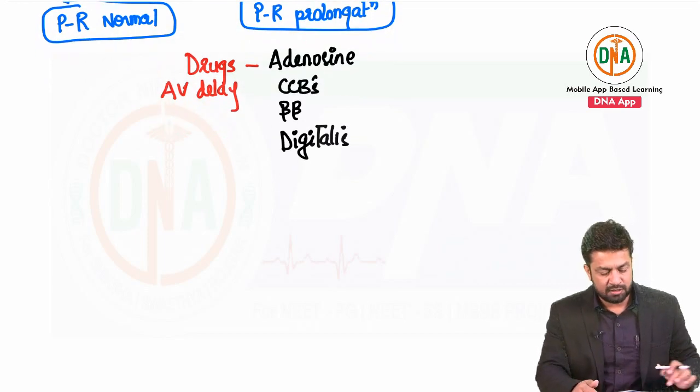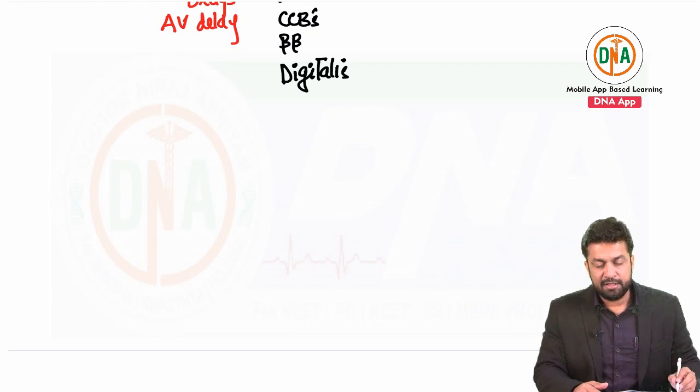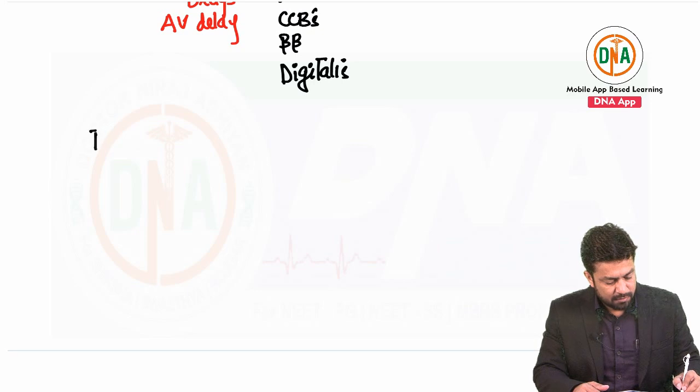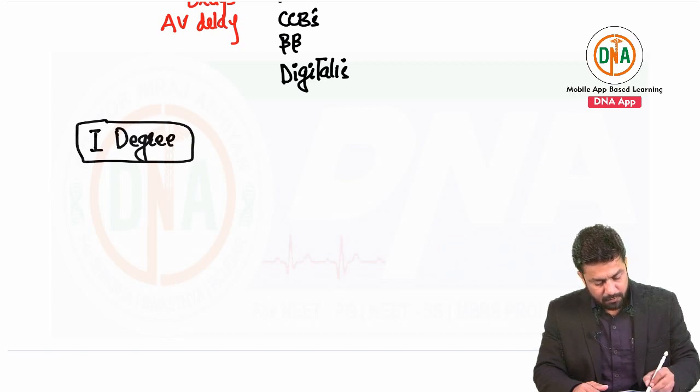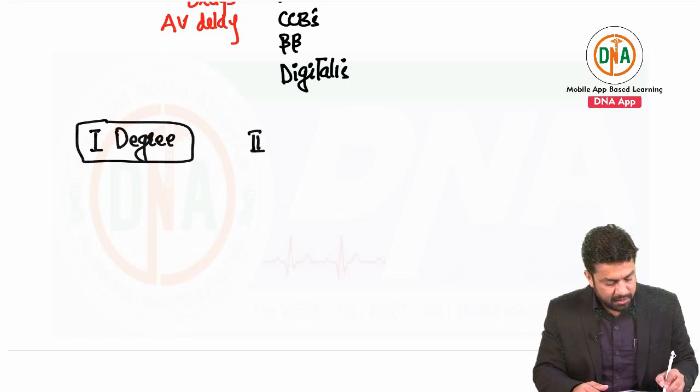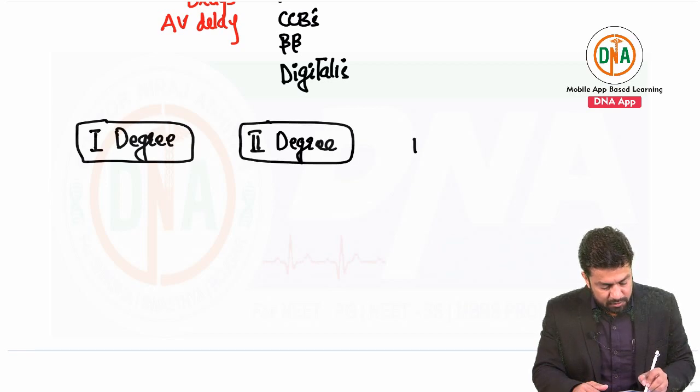So as far as heart blocks are concerned, they are divided into three major degrees. You have the first degree heart block, you have the second degree heart block, and you have the third degree heart block.